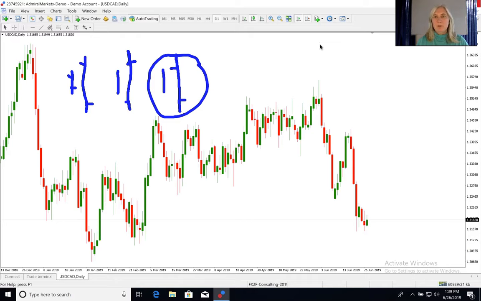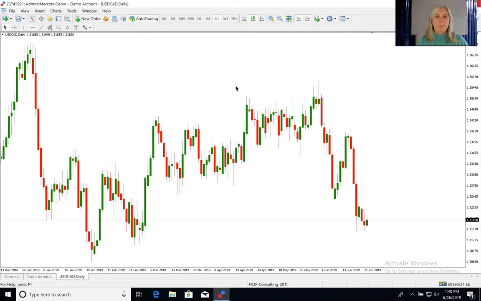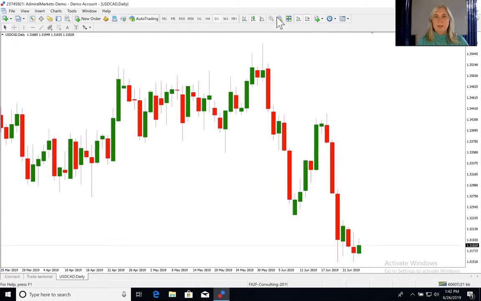So let's have a look if we can spot some on this chart. So I've got one here. So let's zoom in so we can see those candles a little bit more clearly.